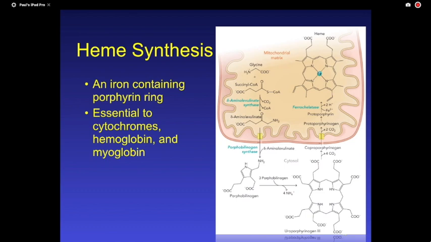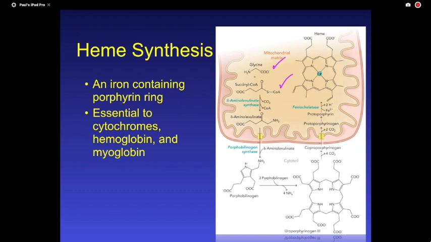Heme synthesis. Okay? Heme synthesis is important along with its degradation. And what we will use is 2 molecules to start the synthesis. Glycine, an amino acid, and succinyl-CoA from the citric acid cycle.